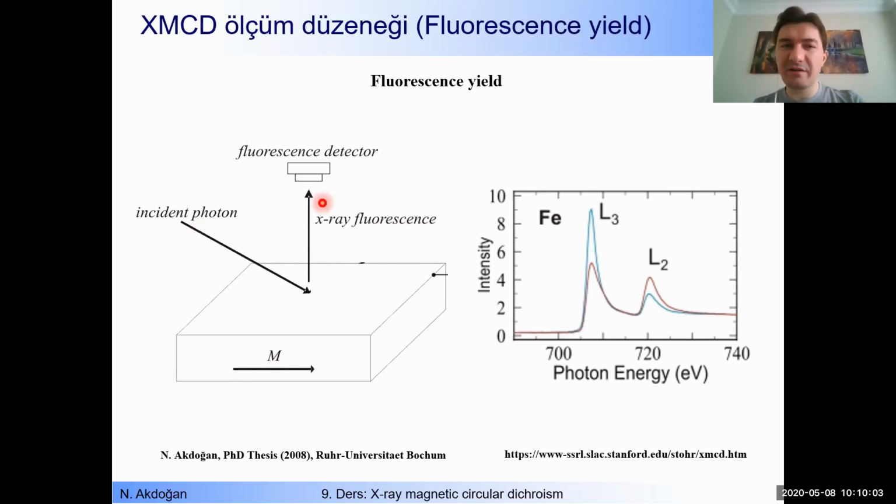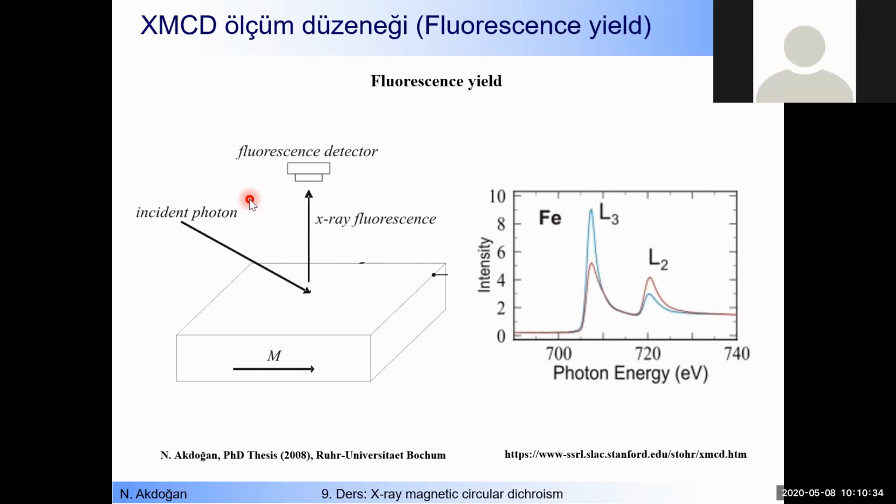But the detector is waiting at a certain position very close to the surface. Of course, I cannot detect all fluorescence X-rays which are also going in other directions. I only have the possibility to detect X-rays produced in that direction. Is it clear? Yes, thanks.